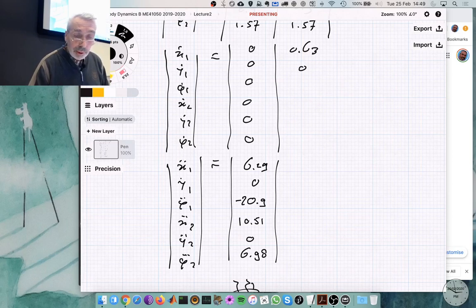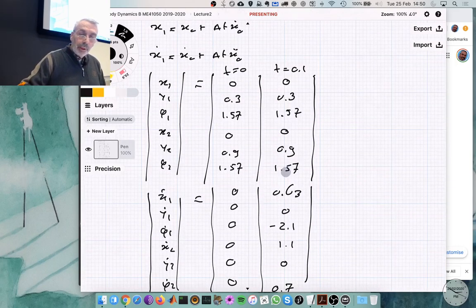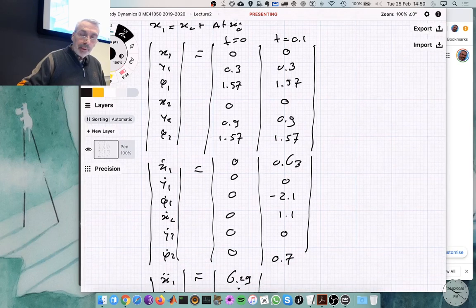This remains 0. This becomes minus 2.1. This is 1.1. It's all approximation, 0, and it is 0.7. So the outcome is we still are in the same position with the mechanism, but now it has picked up speed.